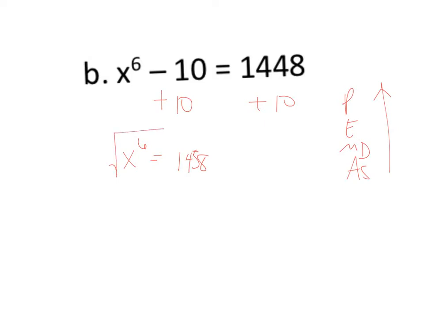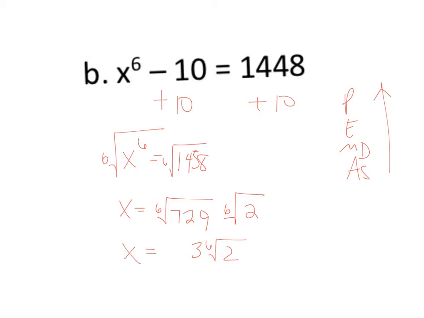Undo the 6th power by 6th rooting. If we type that in our calculator, we get a decimal, so we have to find the perfect 6th power that goes into 1458, which is 729 times 2. The 6th root of 729 is 3. 6th root of 2 gets stuck in, just like when we were using square roots. We also took an even root, so you have to put a plus or minus in front. That'd be our answer.